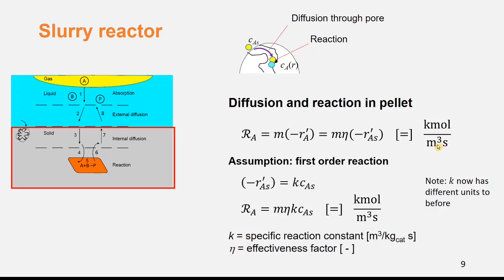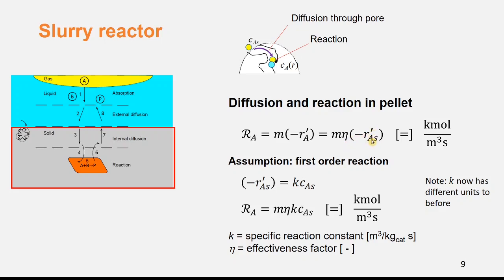For the rate of consumption, we chose the basis of the rate to be per kilogram catalyst. So we use negative RA prime so that we can multiply with the catalyst loading M, which is an important design parameter, so we want it to appear explicitly in our expressions. As before, we can write negative RA prime in terms of the reaction rate at the pellet surface concentration, negative RAS prime, and that is equal to the effectiveness factor eta times negative RAS prime.